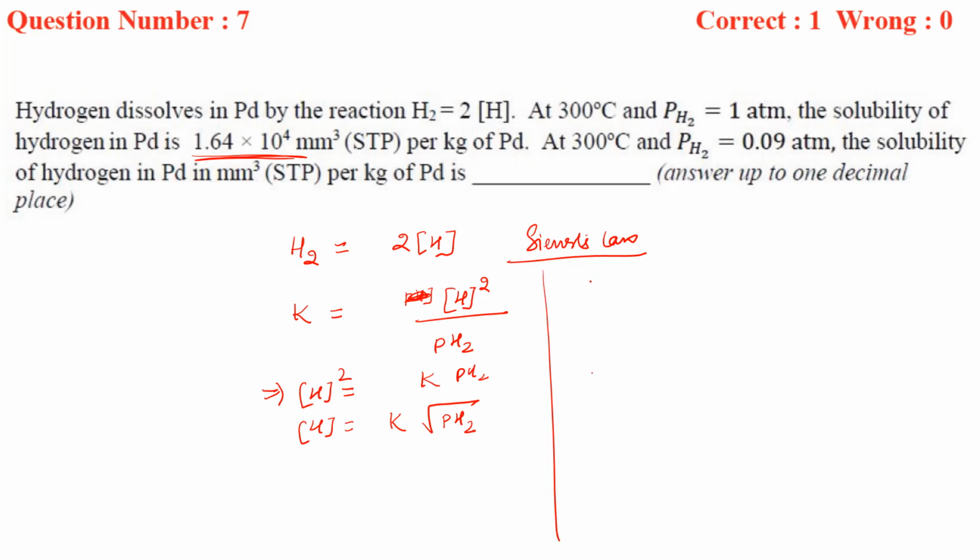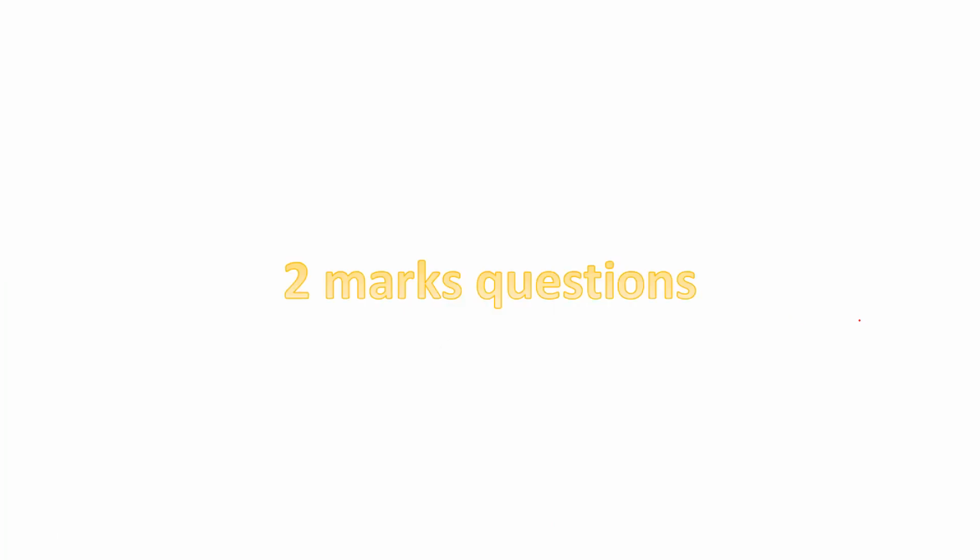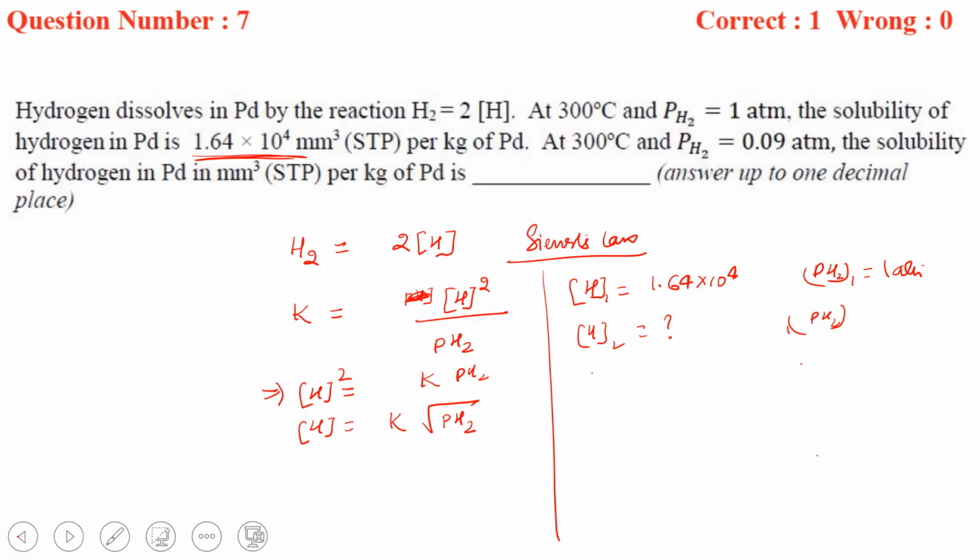So here, H in the first case it is given as 1.64 into 10 power 4. Right, and pH2 in the first case it is given as 1 atm. So H we need to find, and pH2 in the second case it is given as 0.09 atm.